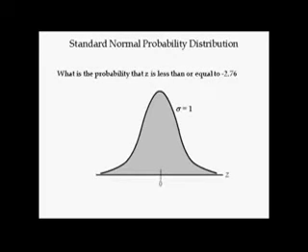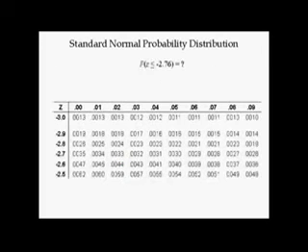What is the probability that z is less than or equal to negative 2.76? In notation, we write the probability z less than or equal to negative 2.76. Because negative 2.76 is less than 0, we label it left of 0. The red area represents the probability that z is less than negative 2.76.